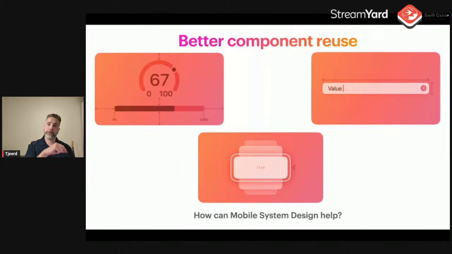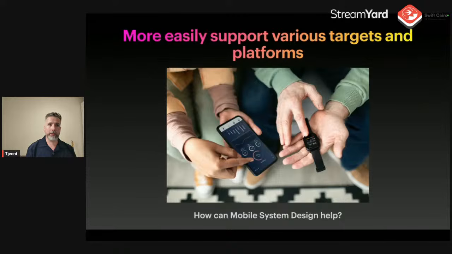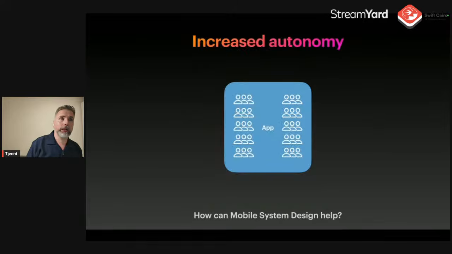And if you debug something on the component, then everyone's feature has the bug fix in it, as opposed to a lot of duplication. You want to be able to support a lot of targets, a lot of platforms, right? If Apple comes up with new things, like just now the headset, but maybe another thing comes, well, we are ready. That's important.